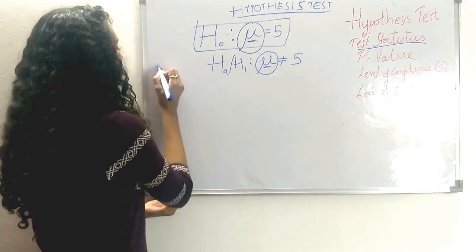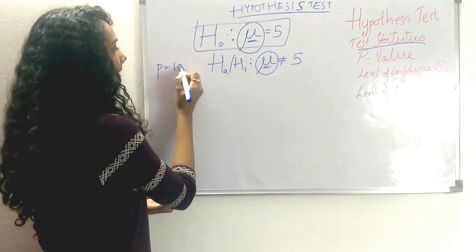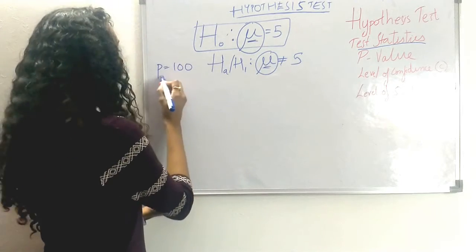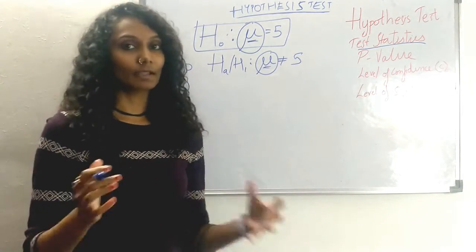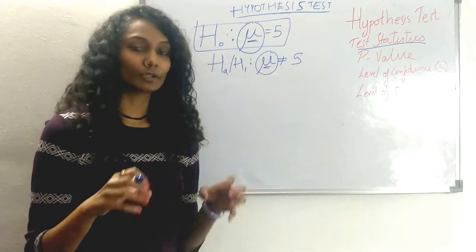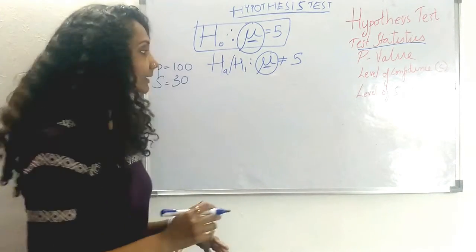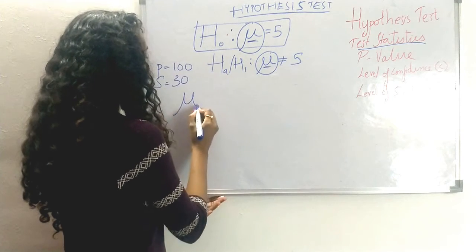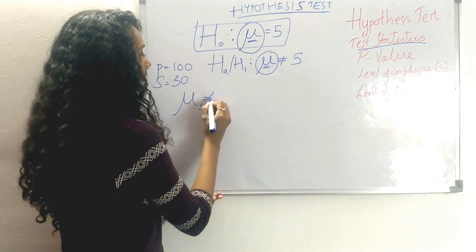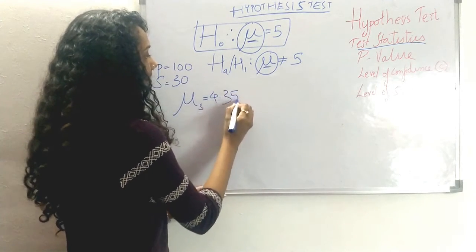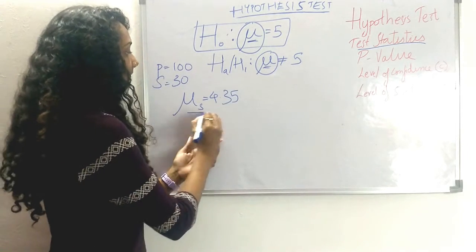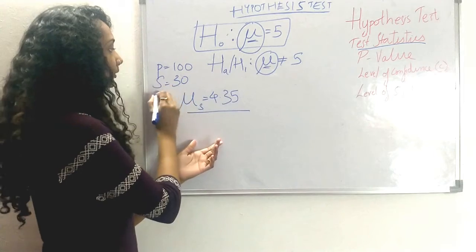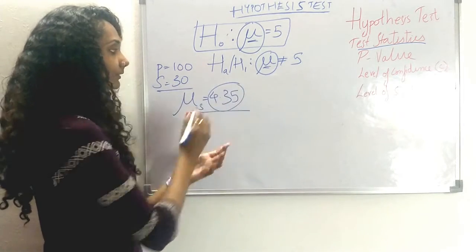So our population is 100 candy bars, and the sample we have taken is say 30 candy bars. We've counted the nuts in those 30 candy bars, and we get the mean from this sample of 30 to be 4.35.